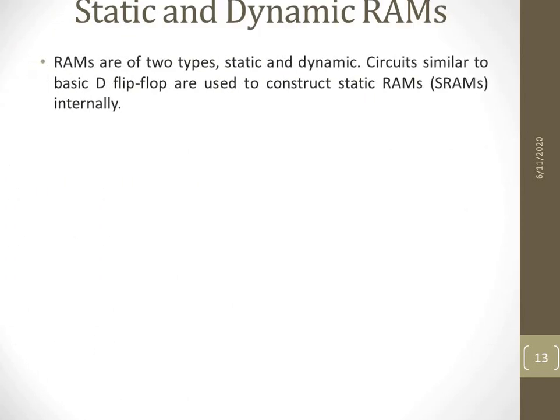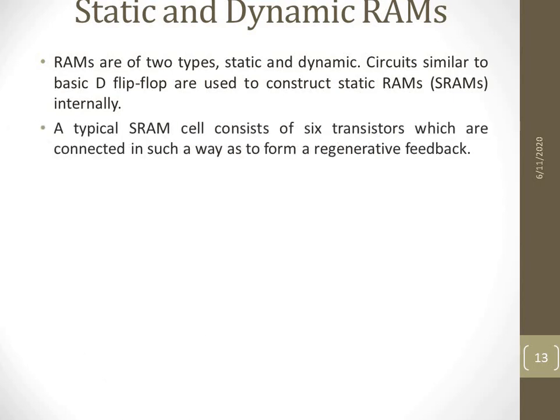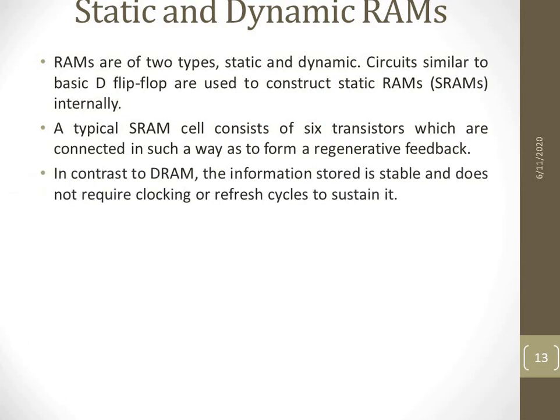So now moving on to the basics of static and dynamic RAMs. RAMs are of two types, static and dynamic. Circuits similar to the basic D flip-flop are used to construct static RAMs internally. A typical SRAM cell consists of 6 transistors connected in such a way as to form a regenerative feedback.